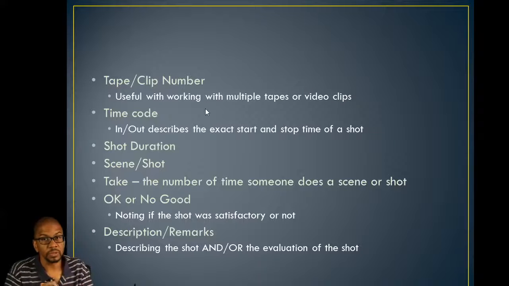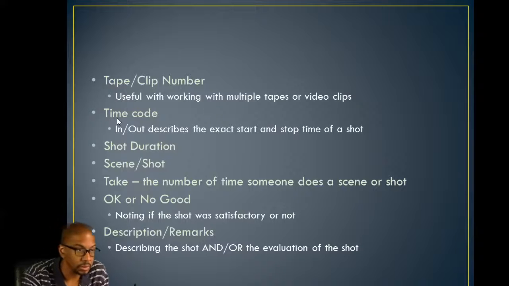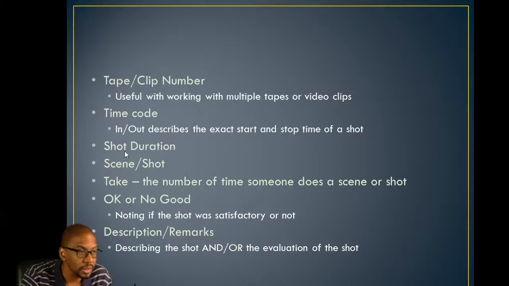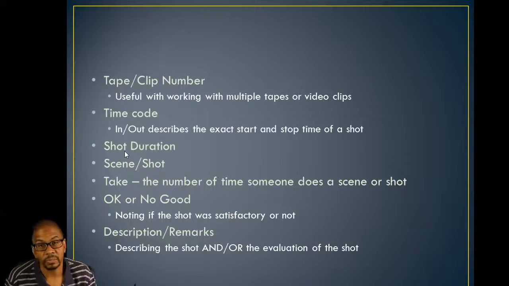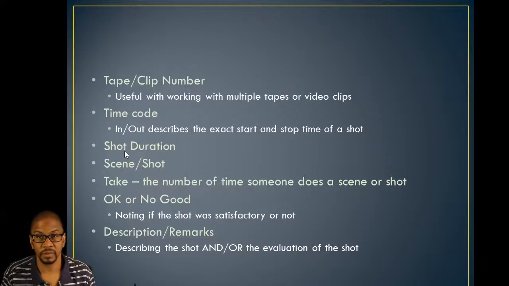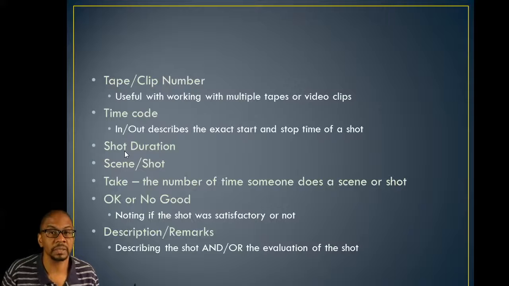these are some of the things that you would find on a log sheet. We talked about those in detail a little bit. So the tape or clip number, if you're working with a lot of tapes, and time code. I'll explain time code later on. It basically breaks down to hours, minutes, seconds, and frames, and we'll go into detail about that later on. Shot duration. The reason this is important is because you may have, say, two sound bites of something that needs to be said.